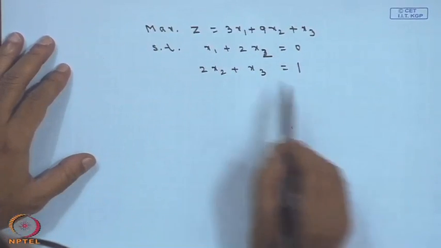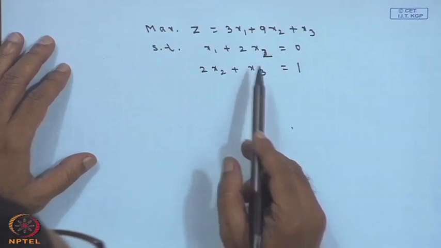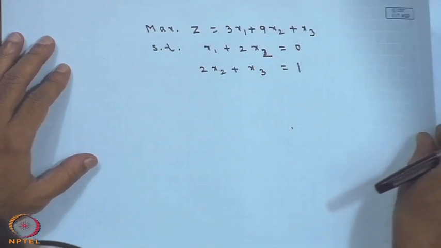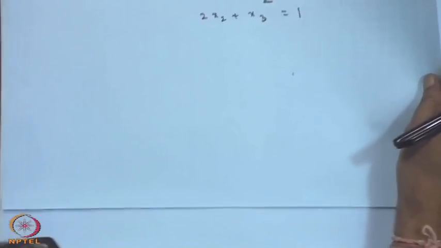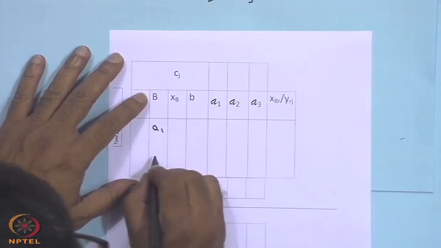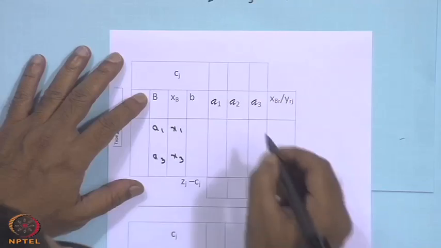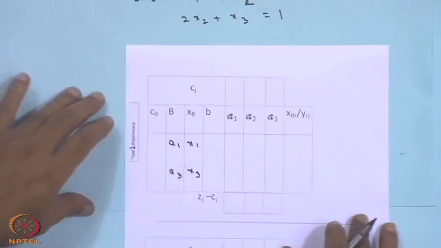So, this is already in the standard form, because with x 1 and x 3 we can form one basis. So, the basic variables in this case will be x 1 and x 3, that is a 1 a 3. I think I do not have to explain now.